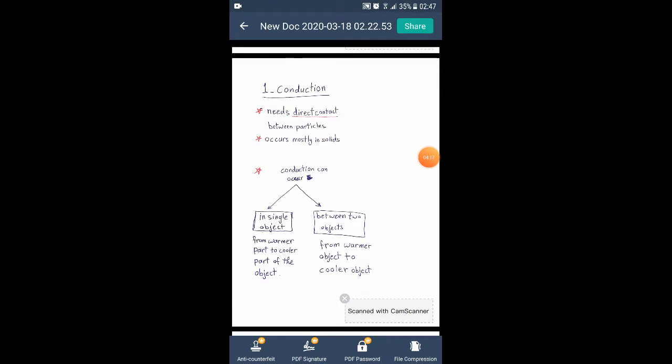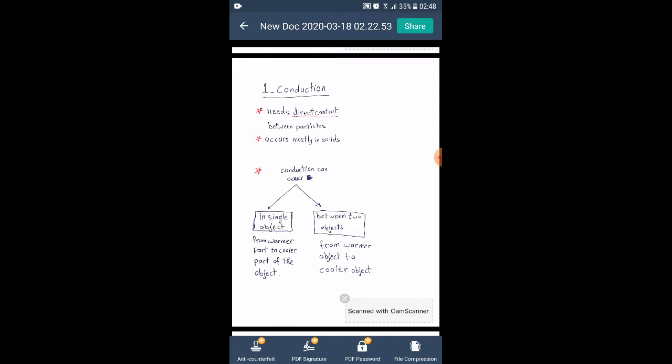The first way is conduction. We said conduction needs direct contact between the particles of one object or 2 objects. Second, it takes place mostly in solids.